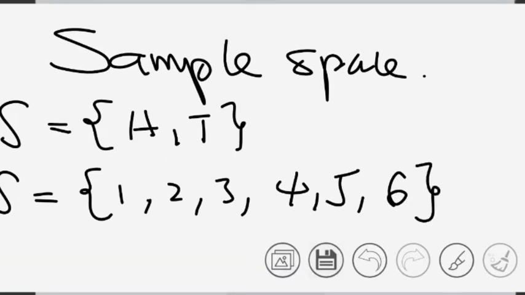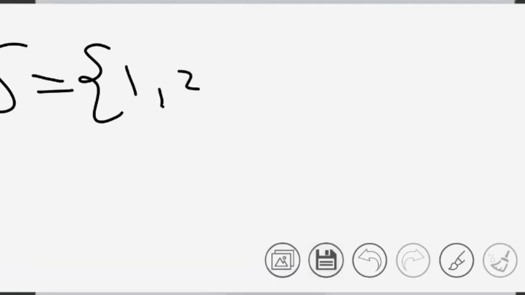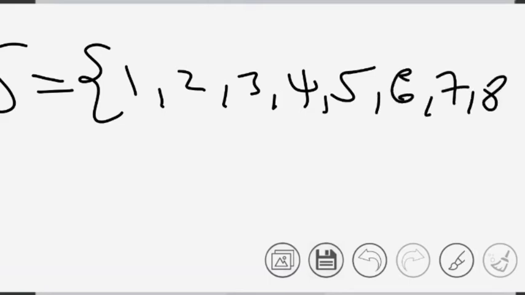If I had tossed an octahedral die, I'm going to have, because the octahedron has 8 sample points, 1, 2, 3, 4, 5, 6, 7, and obviously 8.